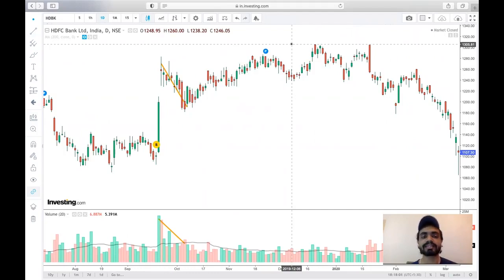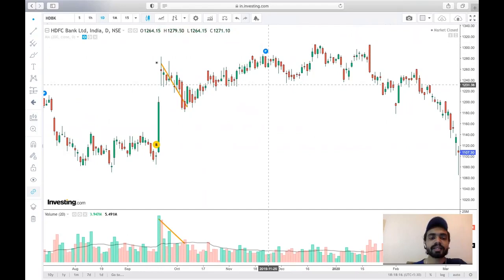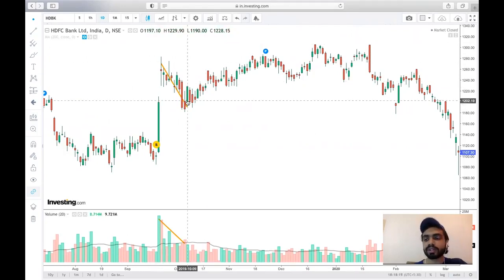So what has this divergence acted as? It has acted as an early warning signal for the trader. It has alerted me beforehand and it has told me that this downtrend would not sustain for a long period of time because people are not interested in selling the stock over here, right? What does the volume indicate?